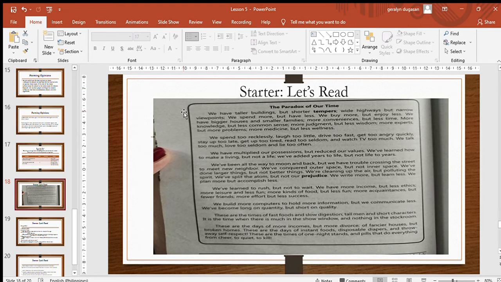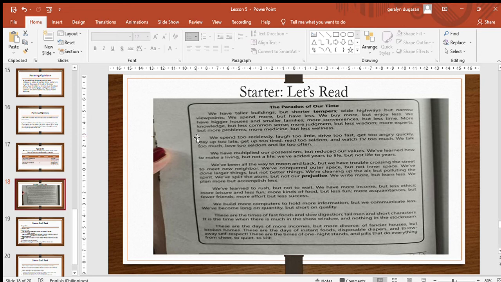We have a taller buildings but shorter tempers, wide highways but narrow viewpoints. We spend more but have less. We buy more but enjoy less. We have bigger houses and smaller families, more conveniences but less time, more knowledge but less common sense, more judgment but less wisdom, more experts but more problems, more medicine but less wellness.